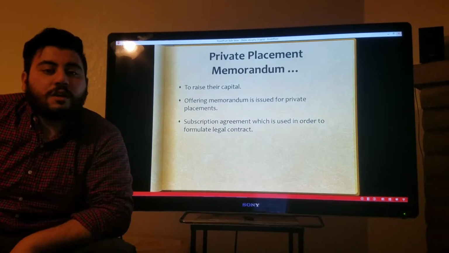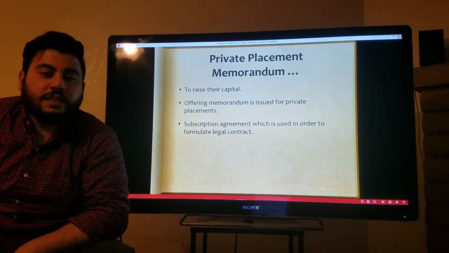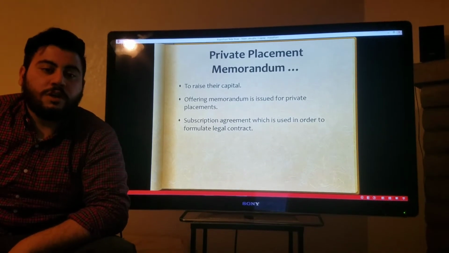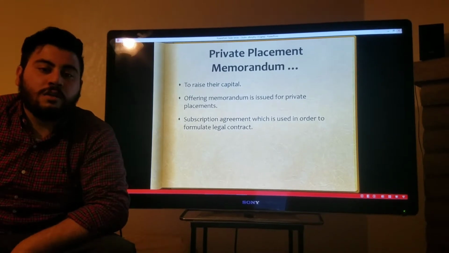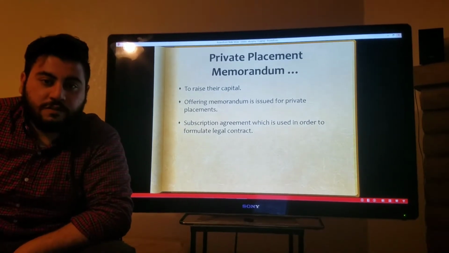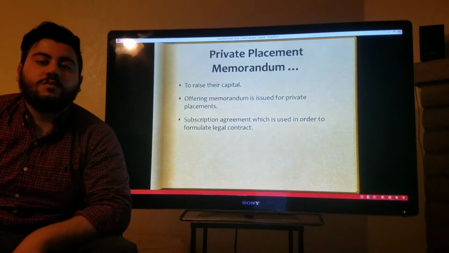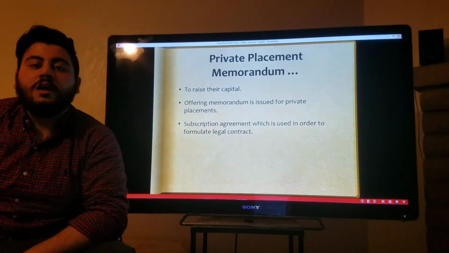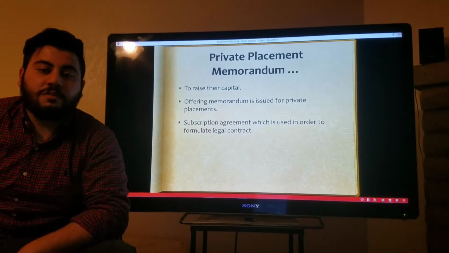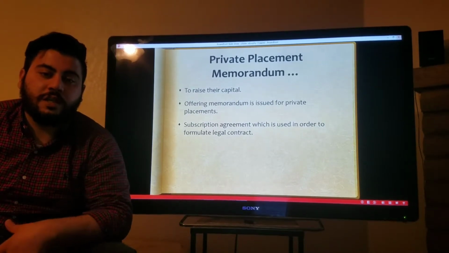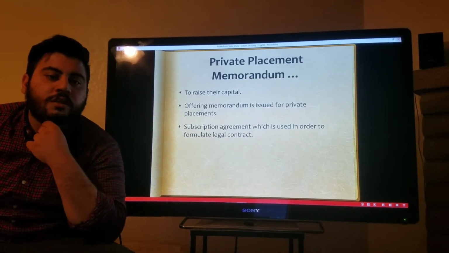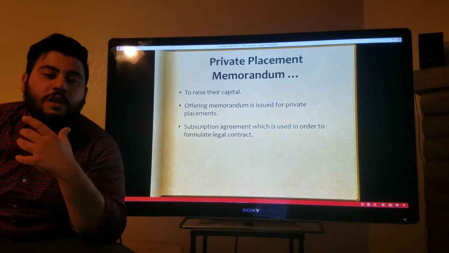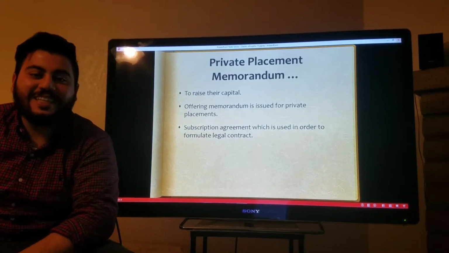One of the basic objectives of presenting a private placement memorandum to selected prospective investors is to raise capital for the company. Private placement memorandum is issued for private placements.